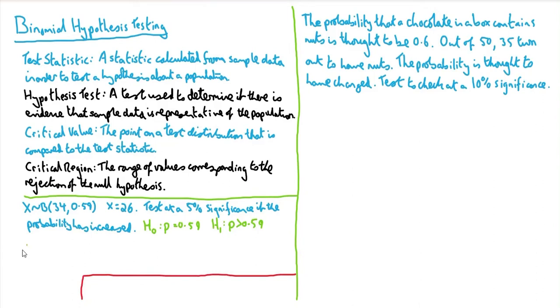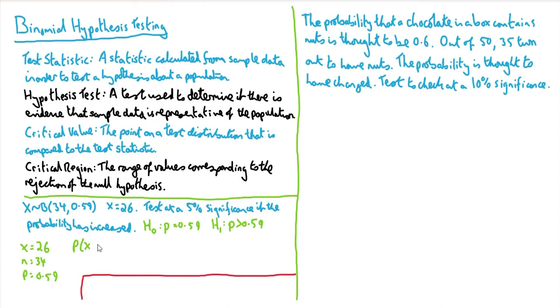For this, we're going to need x, n, and p values. X we know equals 26, n we know equals 34, and p we are going to take as what is currently thought to be the case, so that's 0.59. Next, we'll actually set up the notation for a probability that we're looking for. So it's going to be the probability that x.